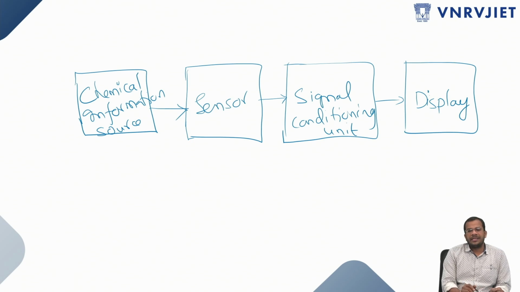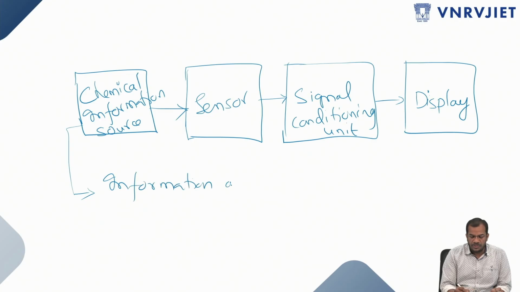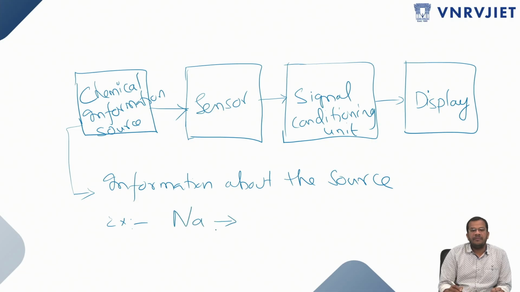So what is a chemical information source? Chemical information source is nothing but it gives an information about the source whatever we are using. So for example, we say that sodium is an element which emits yellow radiation.